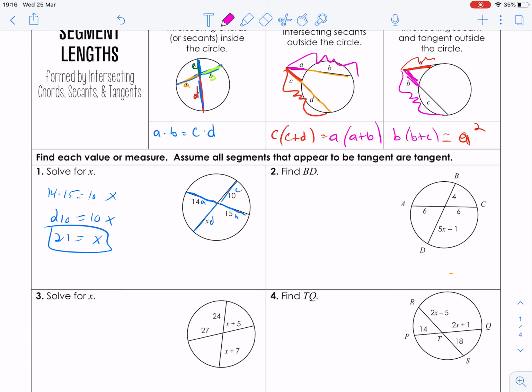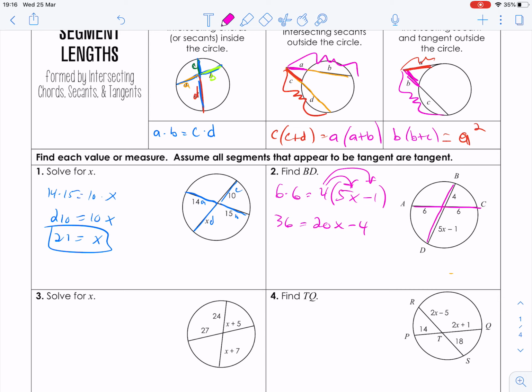So here we go. This is going to be the first type. Two intersecting secants in the circle. So we get 6 times 6 equals 4. Make sure you put parentheses because it's not going to be 4 times 5x minus 1. That would be 20x minus 1. So we get 36 equals 20x minus 4.